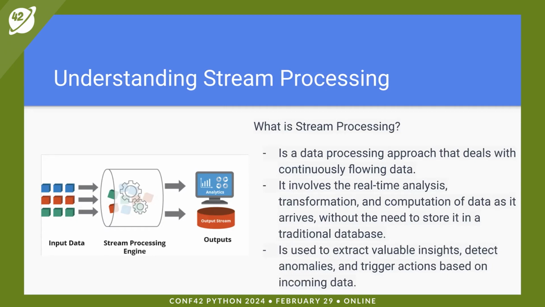Stream processing is used to extract valuable insights in real time, things like detecting anomalies and triggering actions based on incoming data. I do go over some brief use cases here. There's a lot you can do with stream processing and real-time analytics, including enabling your users to do more by providing them actionable insights, which are real-time insights that they can then take action on. Think about LinkedIn, for example.